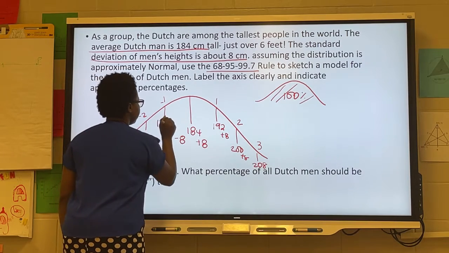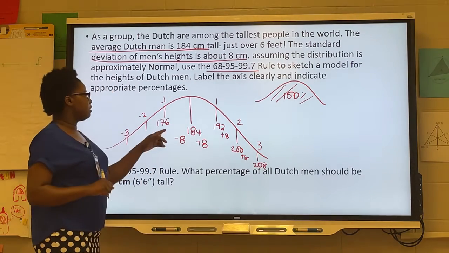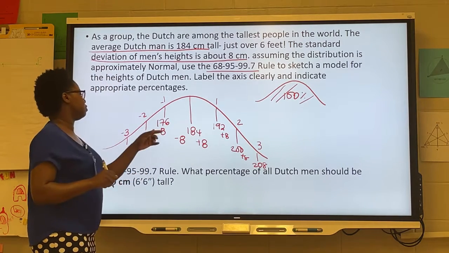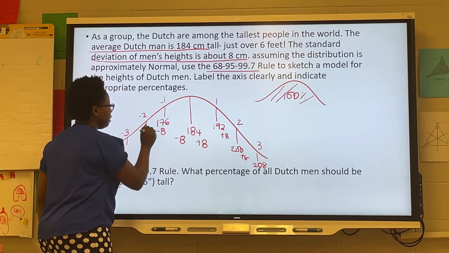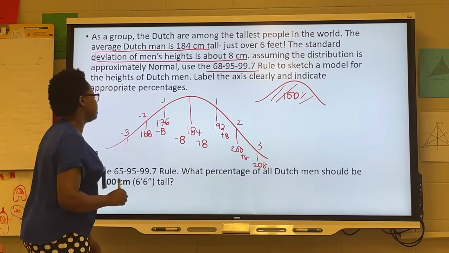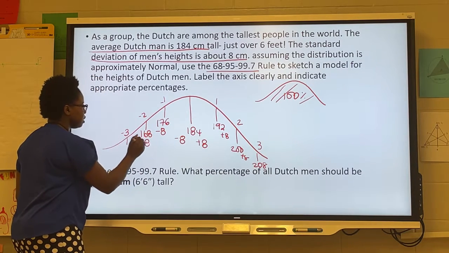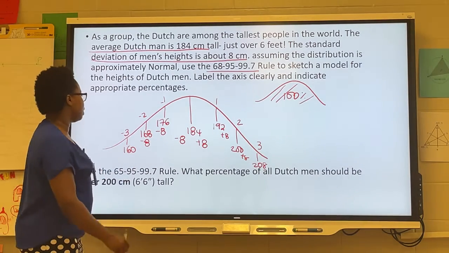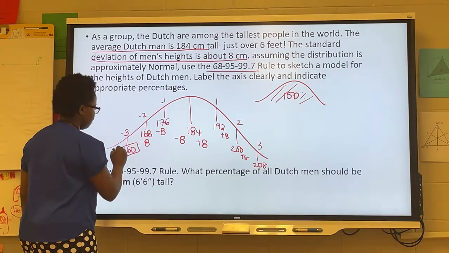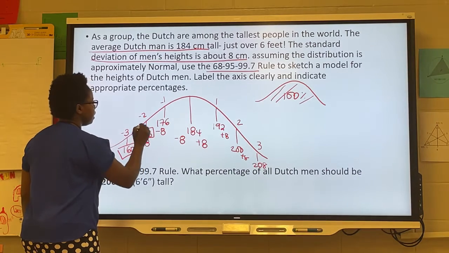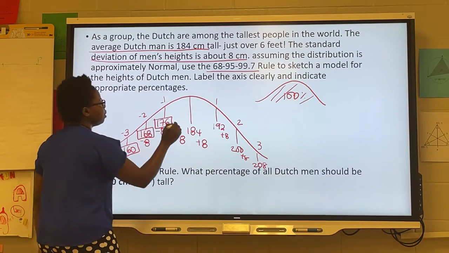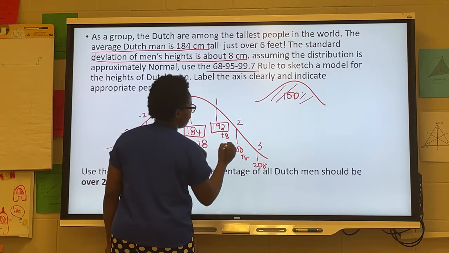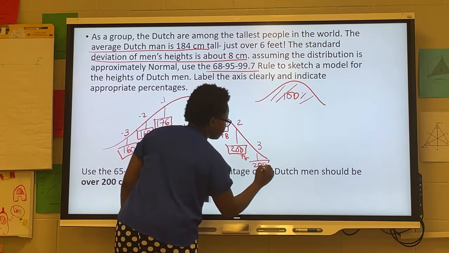So 176 over negative 1. 176 minus 8 to give us 168. 168 minus 8 to give us 160. And this is how you represent 3 standard deviations above the mean and below the mean using the 68, the 95, and the 99.7% rule.